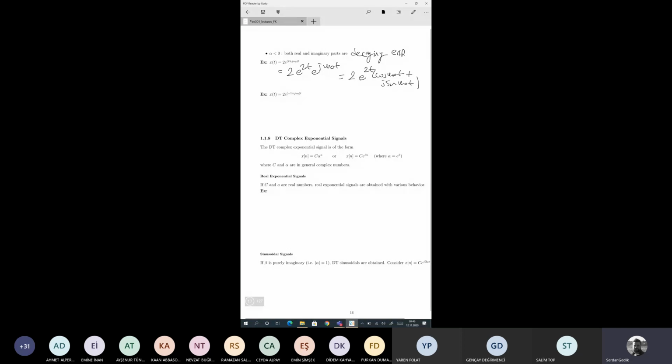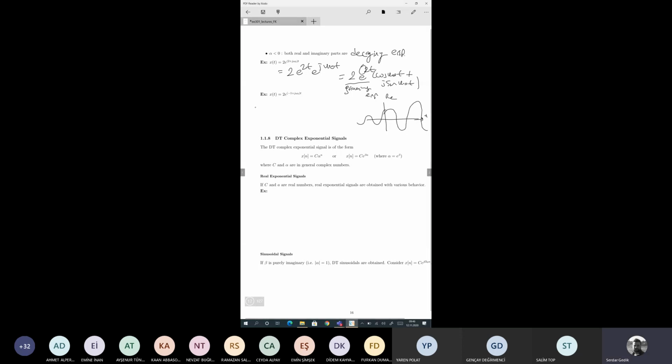Of course, due to this alpha, this part is growing exponentially. So both real and imaginary parts are growing exponentially in this case. So if I just plot the real part, then it is a cosine and the amplitude is increasing. Okay, this is my real part.